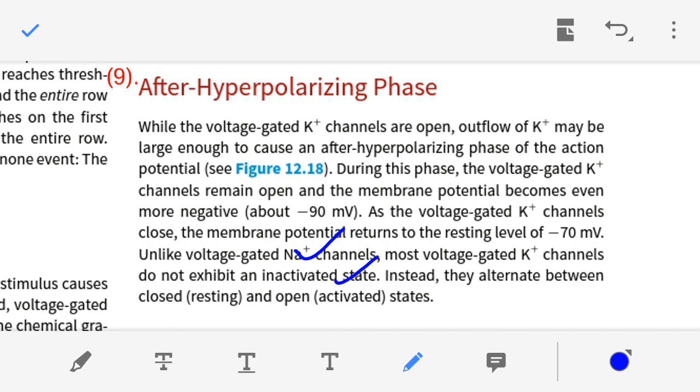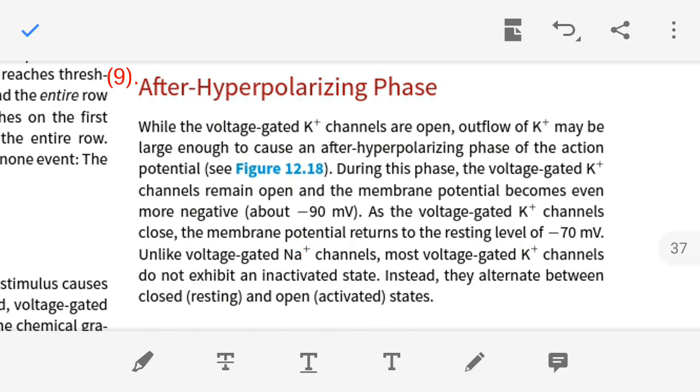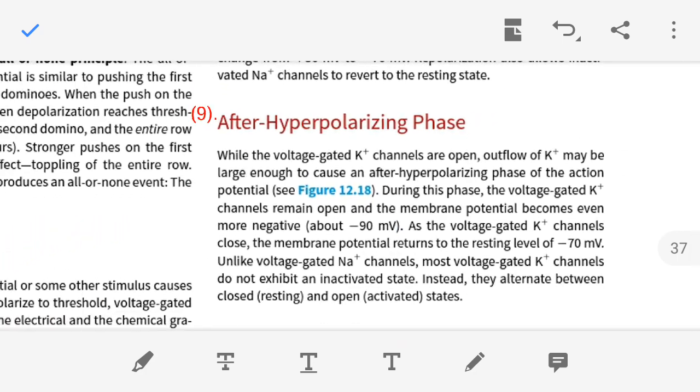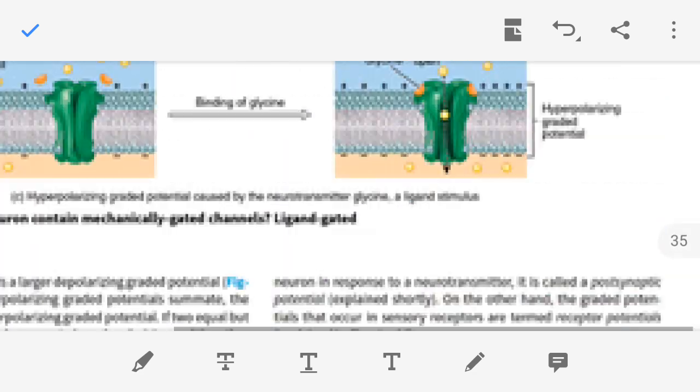Instead they alternate between the closed and open state. So the question is: even if the membrane potential has reached minus 90 mV, how is the resting membrane potential of minus 70 mV restored? Let's find out that answer.